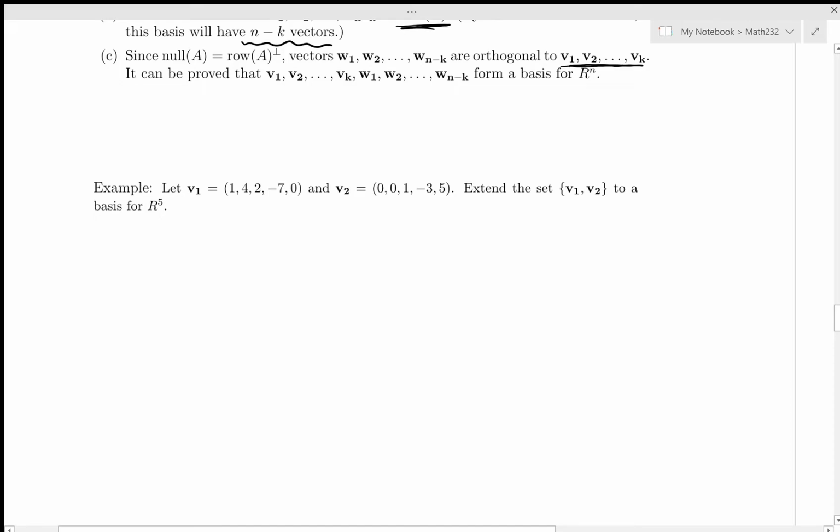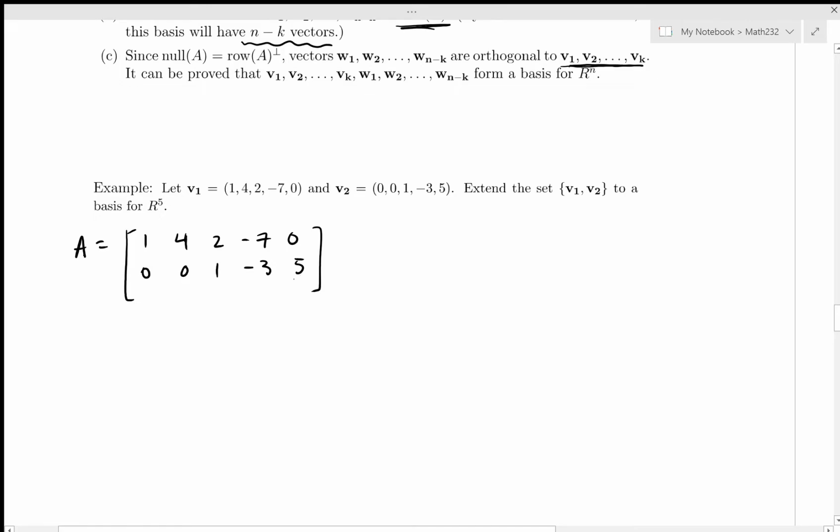So here's how we're going to do that. We're going to form the matrix A, and into the matrix A, we are going to put 1, 4 as rows. 2, minus 7, 0, the 2 vectors we've been given. There they are.